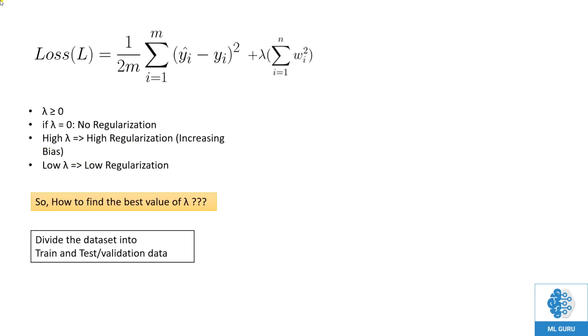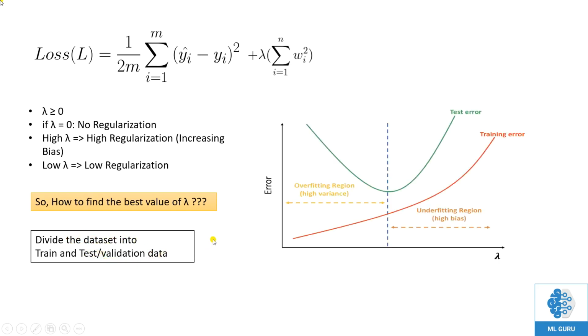So for that, what we have to do is we have to divide the dataset into train and test. The test part is also called as validation. Ideally it should be called as validation. Now what we do is we train the model on different values of lambda. So initially, suppose we were facing the problem of overfitting, in which we had let's say lambda somewhere around here.